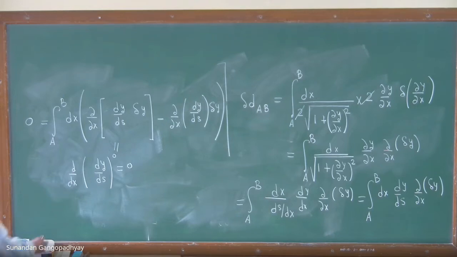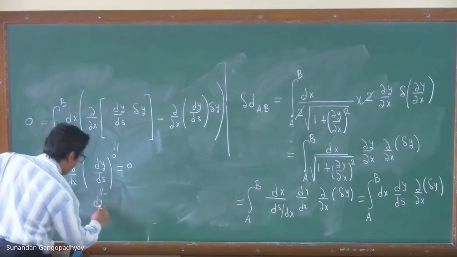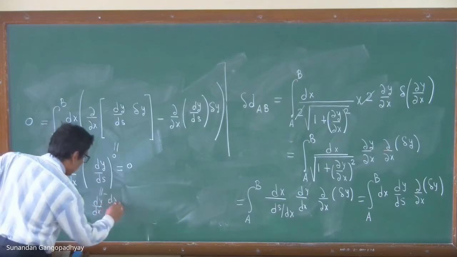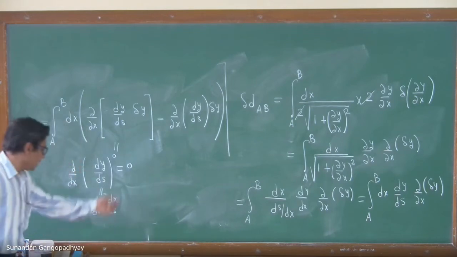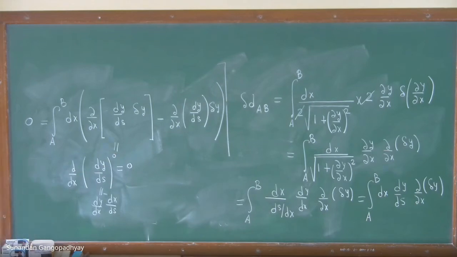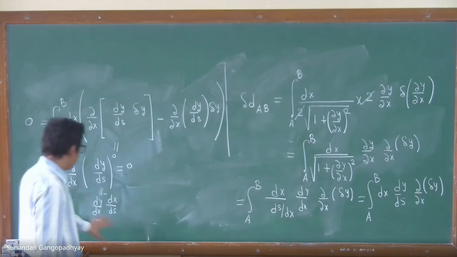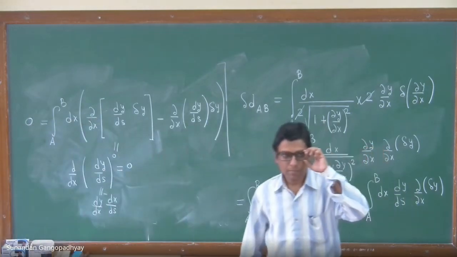So this you can write once again as dy, yes dx yes. You put ds dx and solve this differential equation, you will get y is equal to mx plus c. So what you will get basically by solving this differential equation is dy dx is equal to constant. Is it clear?